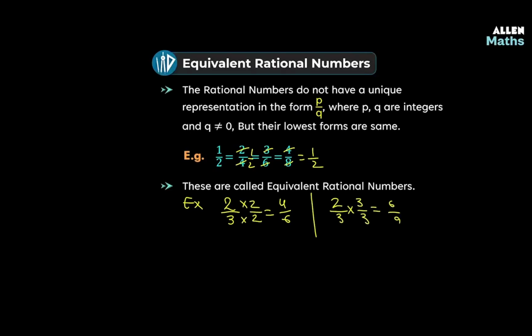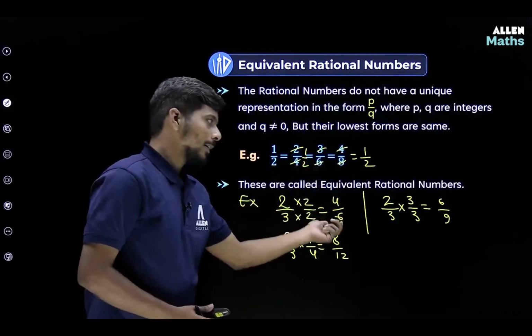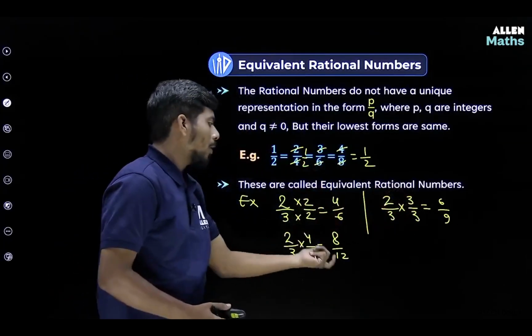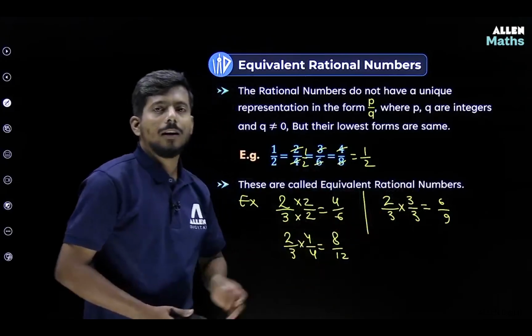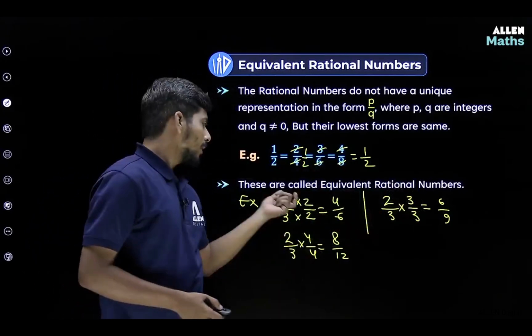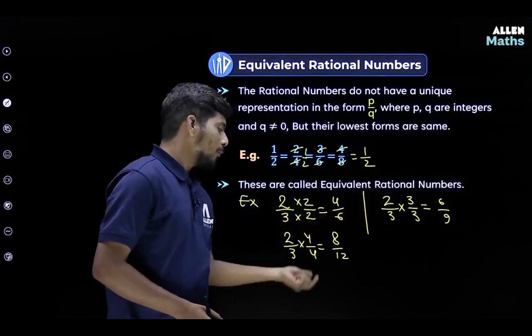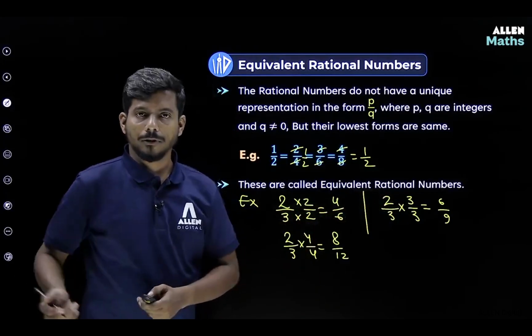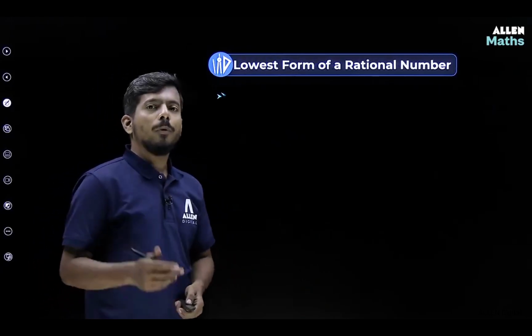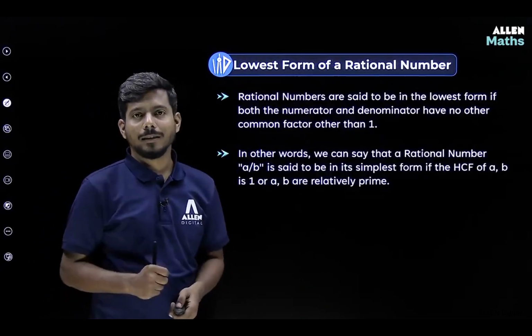We'll get 6 over 9. And then we can multiply the rational number with 4 over 4. So we'll get 8 over 12. So 4 over 6, 6 over 9 and 8 over 12, all of them are equivalent rational numbers to 2 over 3. In place of 2 over 2, 3 over 3 and 4 over 4, you can use other numbers also.